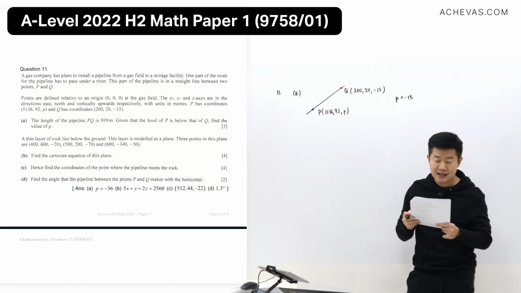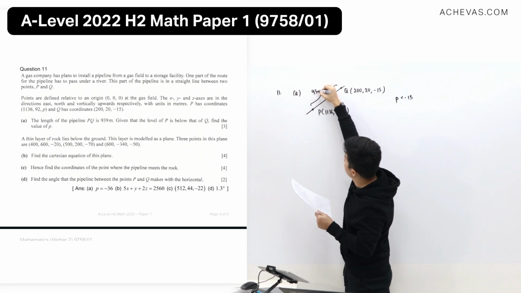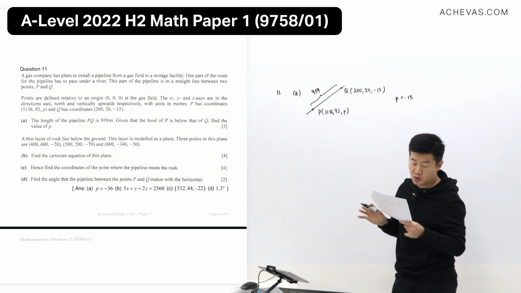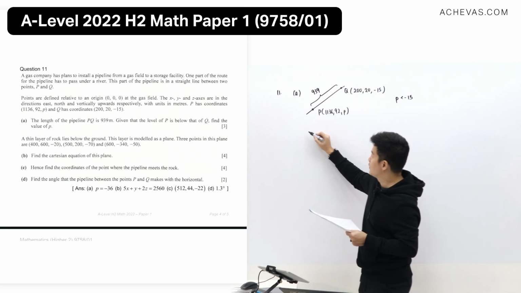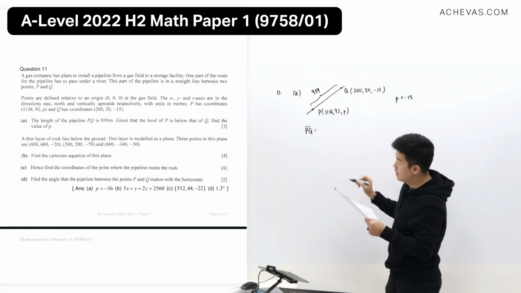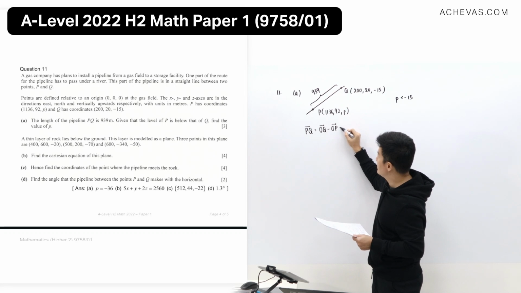So the hint that is given to us that will allow us to solve for P is that this distance here is 939. This distance is the modulus of PQ. That is why the first thing that I'm going to do is to find vector PQ. For this vector PQ, it is going to be OQ minus OP.